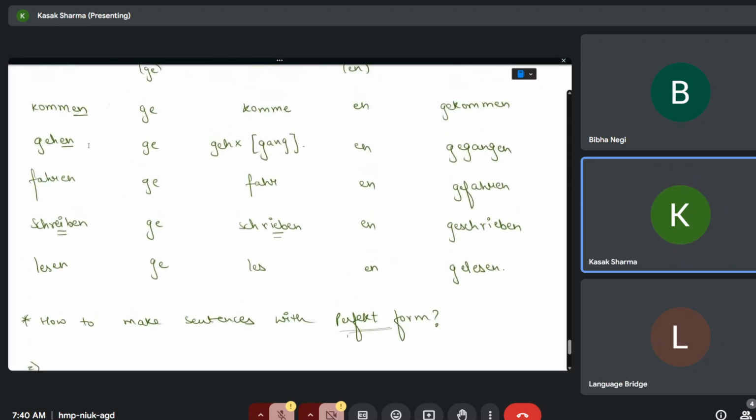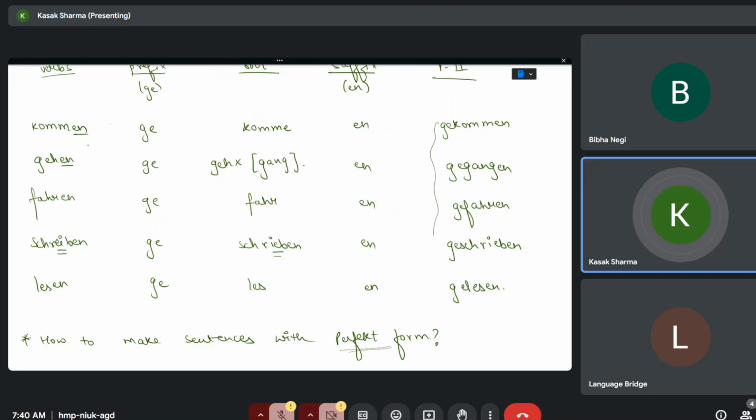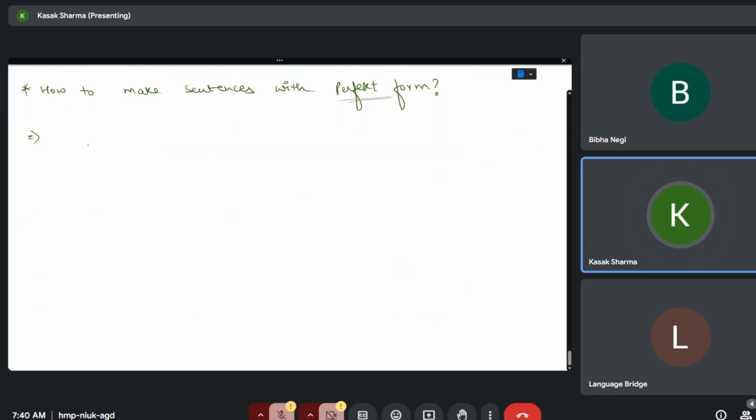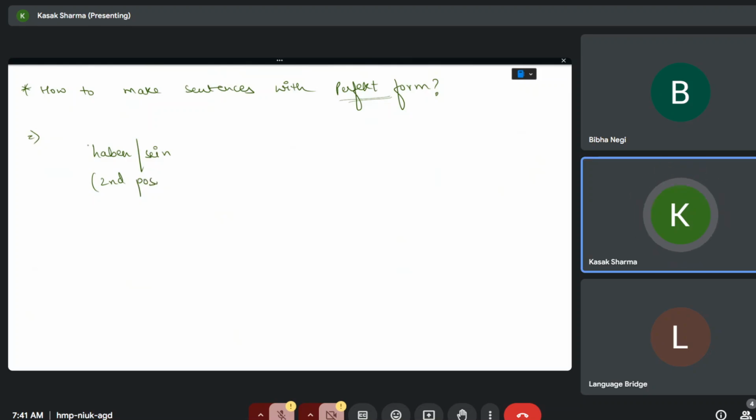Like what we learned, this gekommen, gegangen, the ge- form or the participle form of any verb is not conjugated. It goes at the end. But we have a verb which will come at the second position, which will conjugate. That is either haben or sein, the helping verbs. It comes at second position and is conjugated according to the subject.